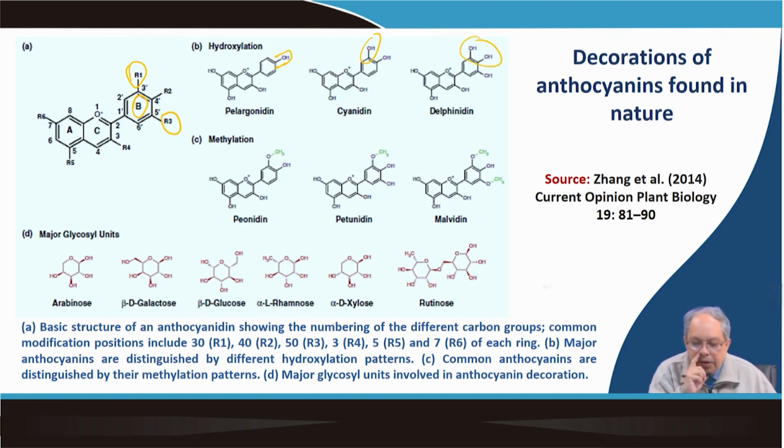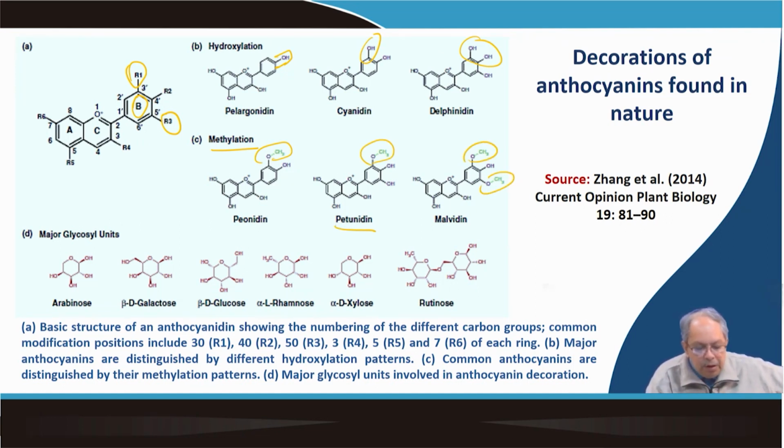So this is all hydroxylation. Then methylation: cyanidin undergoes methylation first, making peonidin with a methyl group added, and in the case of this one there is methylation here as well, which forms petunidin. In malvidin there are 2 methylations.